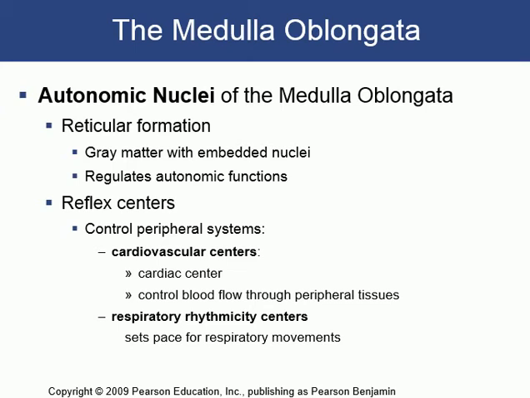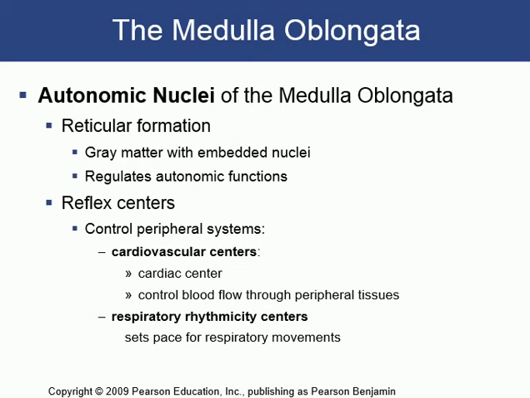Cardiovascular and respiratory rhythmicity centers. What's the rhythmicity? The rhythm. How many times per minute? So this is in the medulla, and the cardiovascular centers control the heart and the blood vessels.